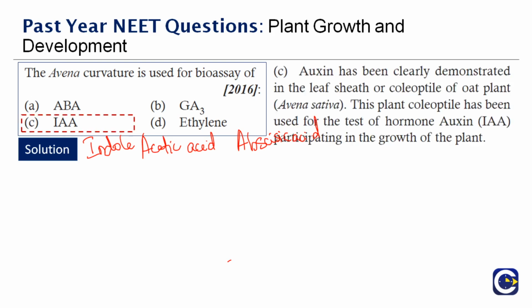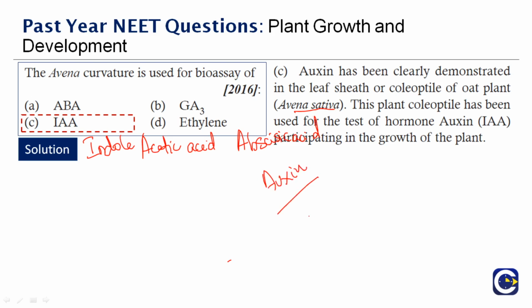Auxin has been clearly demonstrated in the coleoptile of an oat plant. Avena sativa is the scientific name of the oat plant. So predominantly we consider IAA, indole acetic acid, which is a test hormone, and we already know it is an auxin.